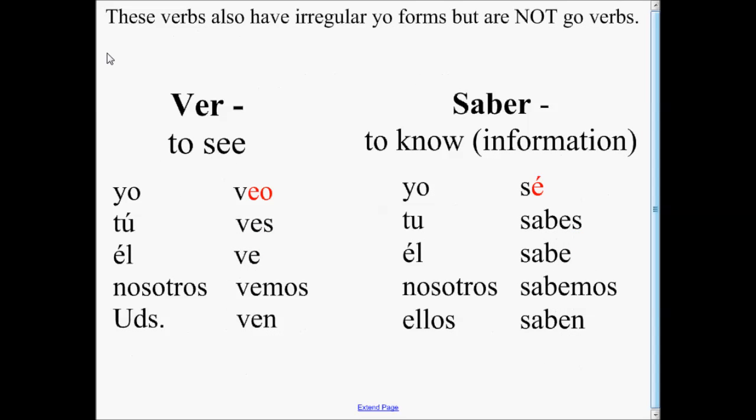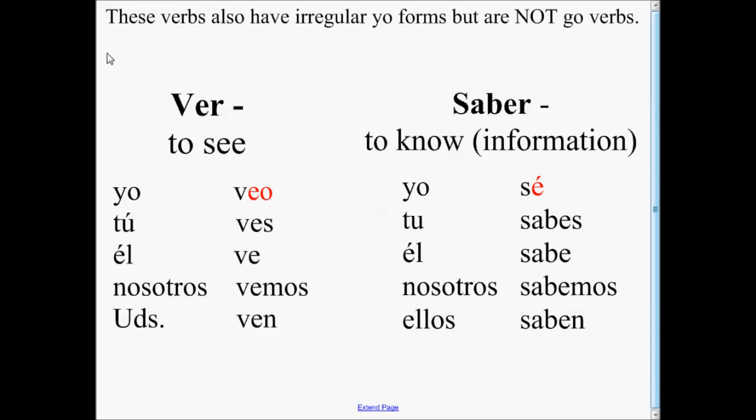These verbs also have irregular yo forms but are not go verbs. Ver means to see. Yo veo, tú ves, él ve, nosotros vemos, ustedes ven. The verb saber means to know, information.